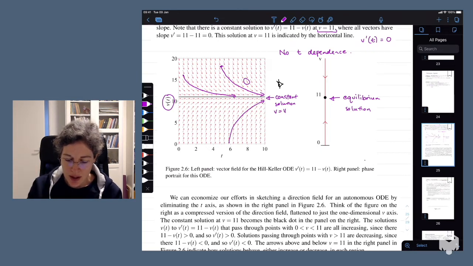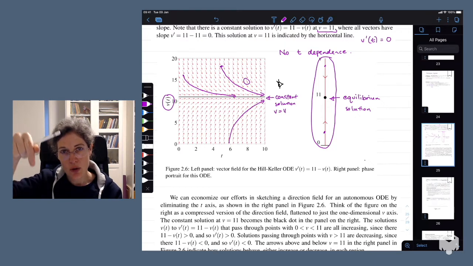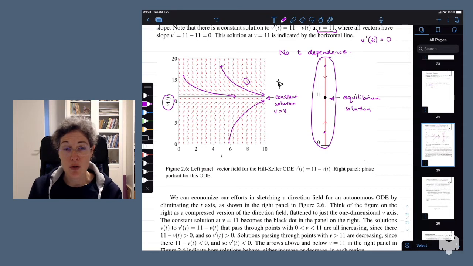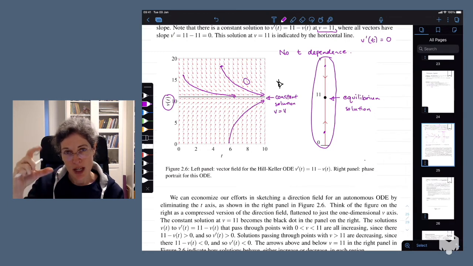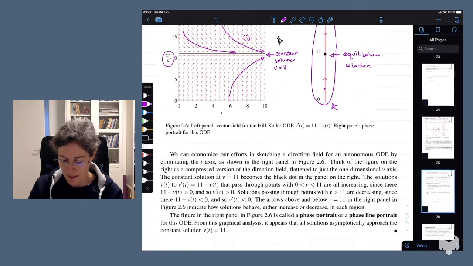So if you think about what this phase portrait is telling you, it's saying that no matter where you start, whether you're above or below 11, eventually as a solution you're going to end up at 11, at the equilibrium solution. Not all equilibrium solutions have this, but we'll see that whether you tend towards an equilibrium solution or not is fundamental to the kind of problem that you're dealing with. So there is a lot of information in this surprisingly simple diagram over here.